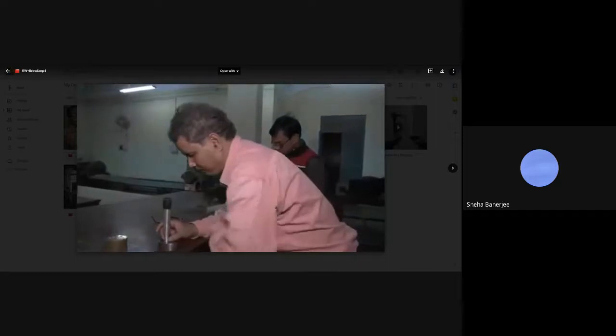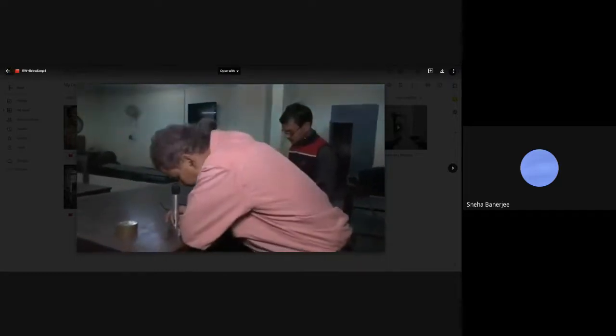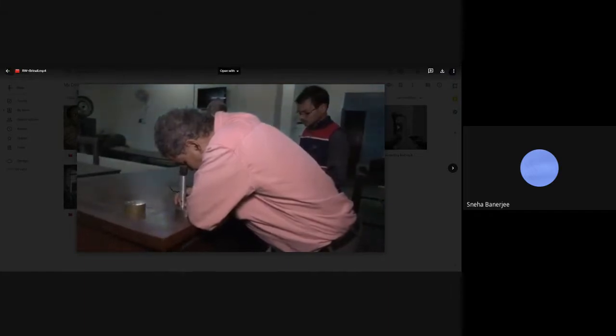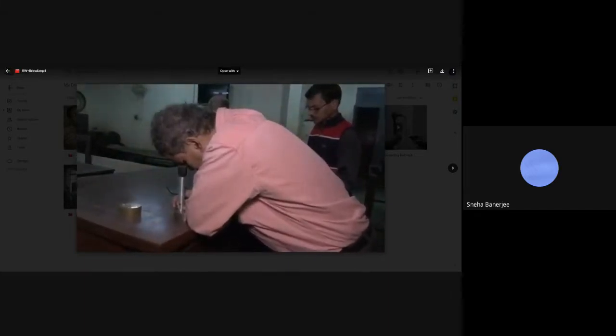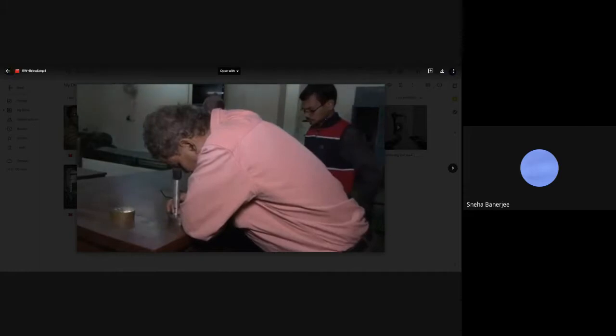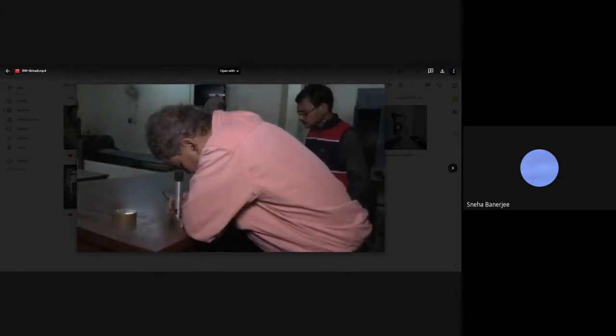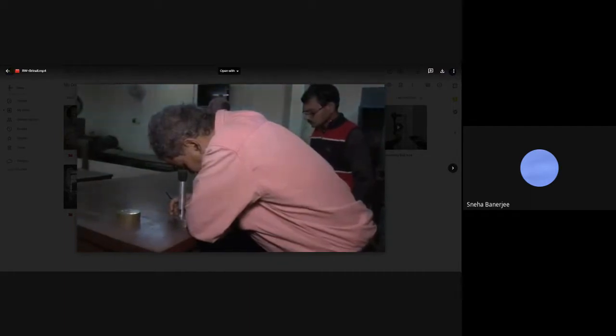Okay, fine, for one. Go for the other one. The value he is getting may be 60 or something. Actually, he is rotating the whole thing and finding the diameter at different orientations, in different directions. He is measuring at a number of positions, and the more or less value is 60.